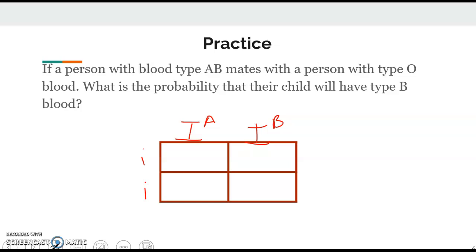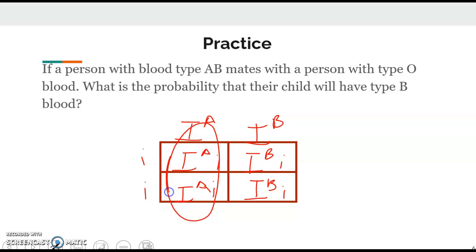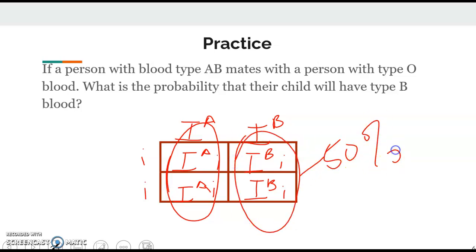I probably should go back to that, but that's IA and IB and IA, IB, I. All right, and this gives us 50% A, 50% B. All right. What is the question? What is the probability that their child will have type B blood? And that is 50%.